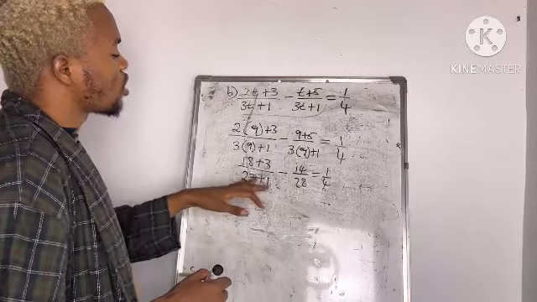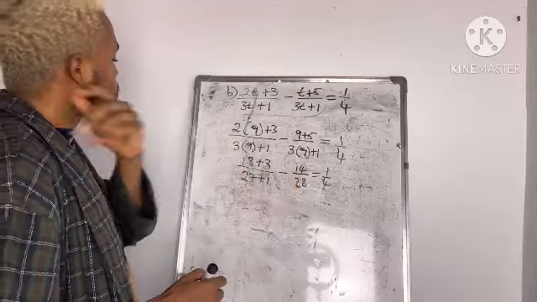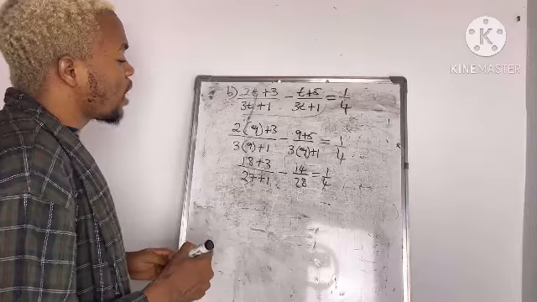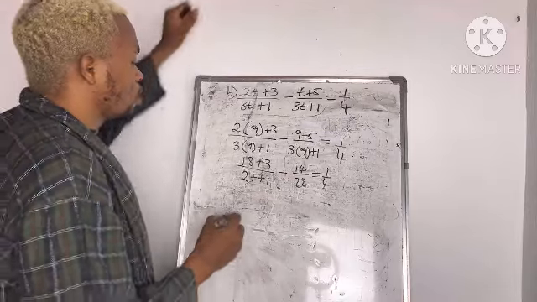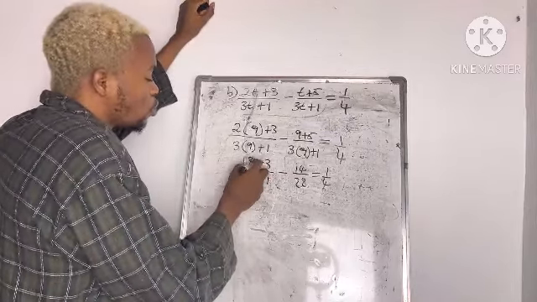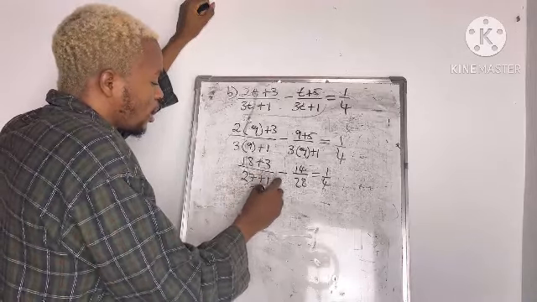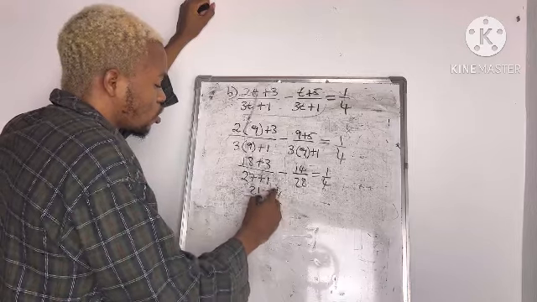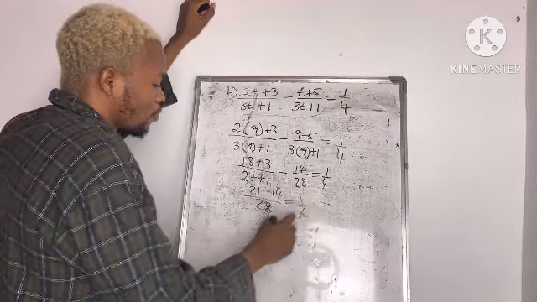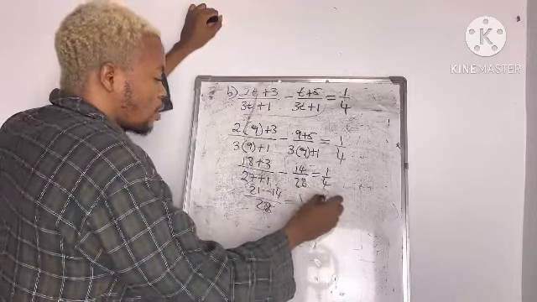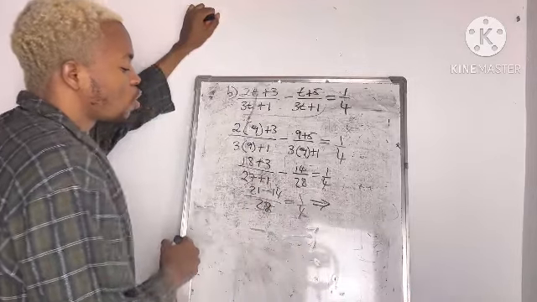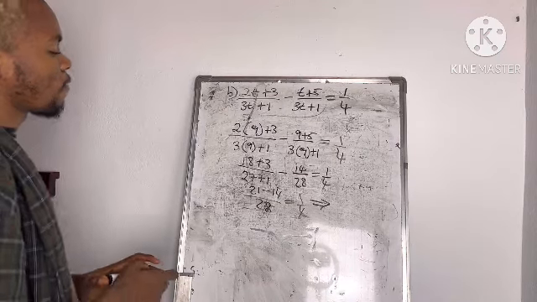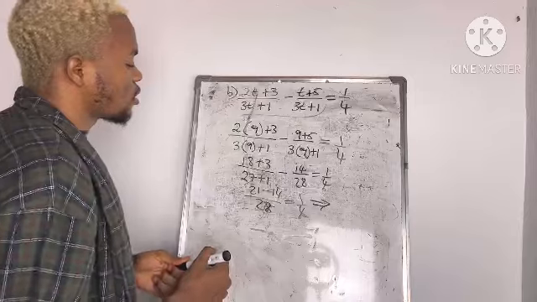Looking at the bottom, 27 plus 1, you have 28. Here you have 28. So we simply add the top as before. So 18 plus 3 gives you 21 minus 14, all this divided by 28. From here, 21 minus 14 is 7.